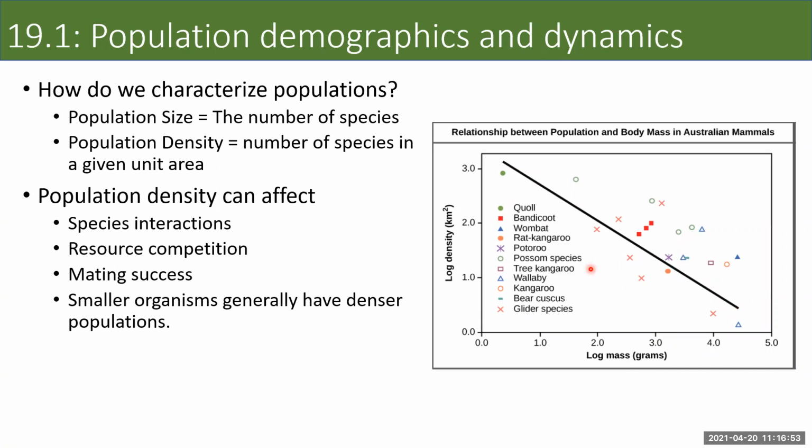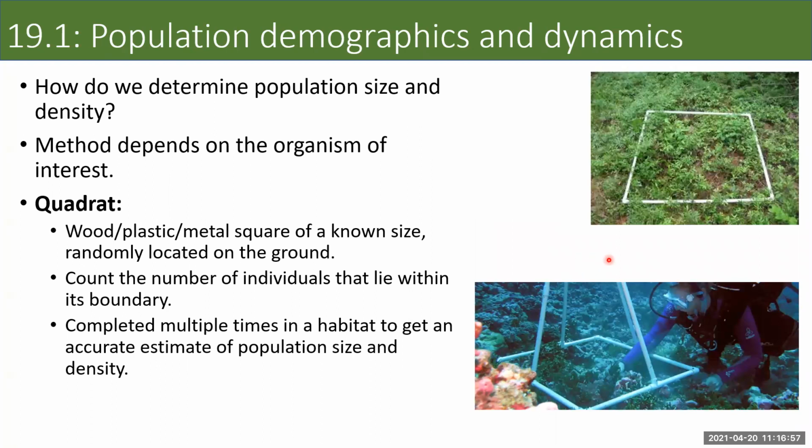Now, the way we measure population size and density is through a couple of different ways. And the way that you will measure those organisms depends on the species that you're looking at. So for example, if you're studying an organism that is sessile, meaning that it doesn't move, so like coral or plants, you can use a quadrat.